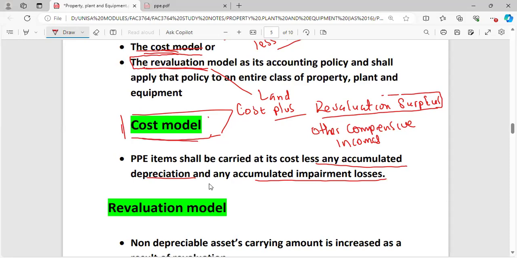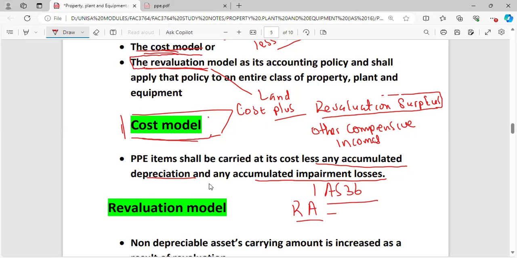Impairment loss, we're going to do it in IAS 36, and I think it's a full chapter for impairment loss. But if the asset has been depreciated and impaired again, then you need to take into account the impairment loss. The impairment loss will bring the asset to its recoverable amount. The recoverable amount is what we can get from the asset today.